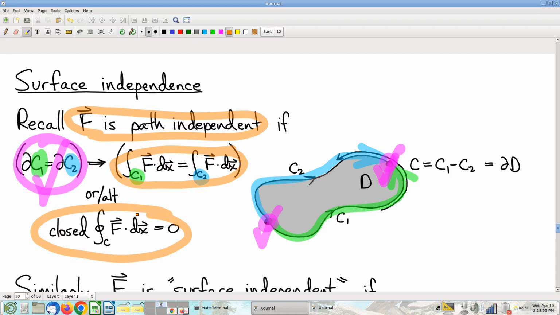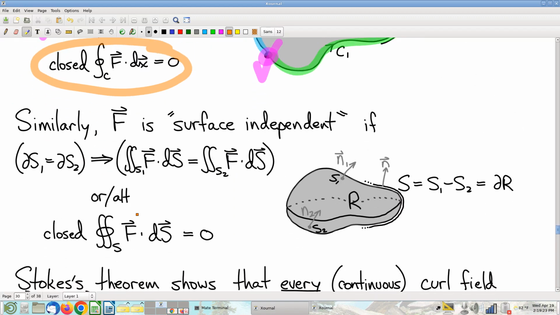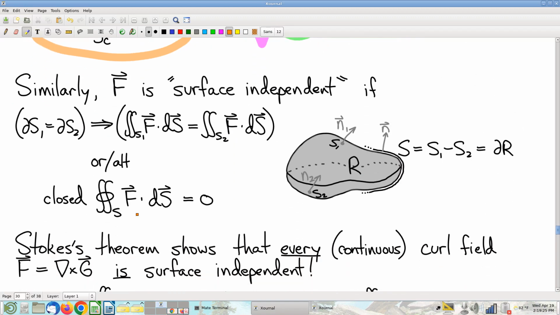So we're going to extend this now by increasing the dimension. Dimension is going to go up by 1. So instead of talking about one-dimensional curves, we're going to talk about two-dimensional surfaces. Instead of talking about what you might call zero-dimensional boundary points for curves, we're going to talk about the one-dimensional boundary curves of surfaces, etc. So everything's going to go up by 1 dimension. And here's what it looks like.